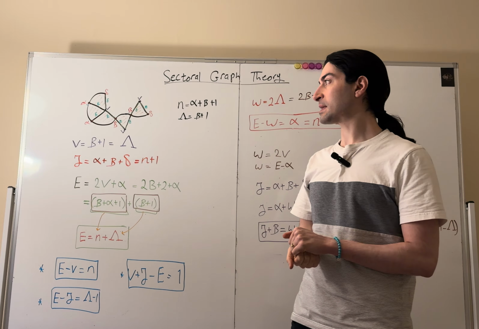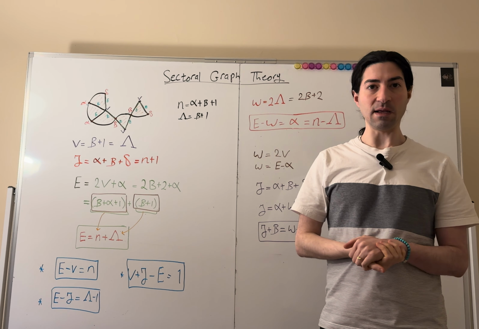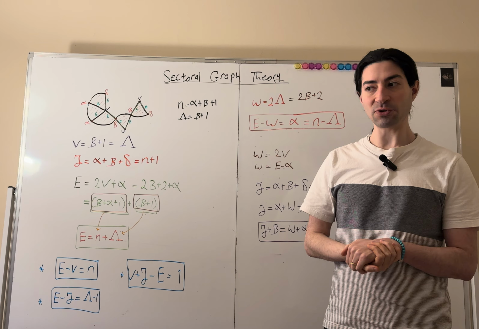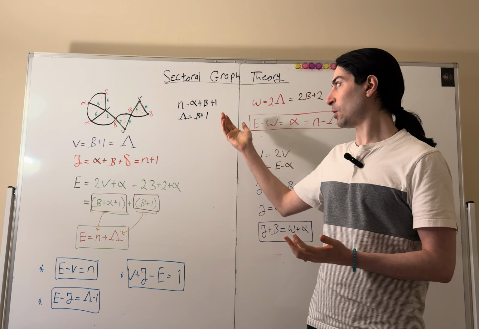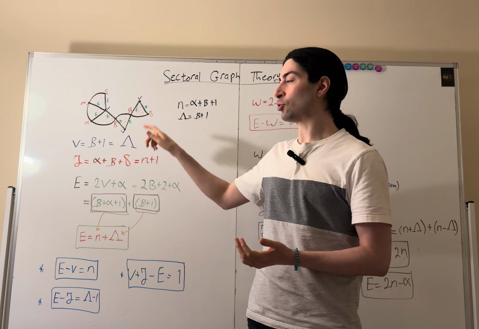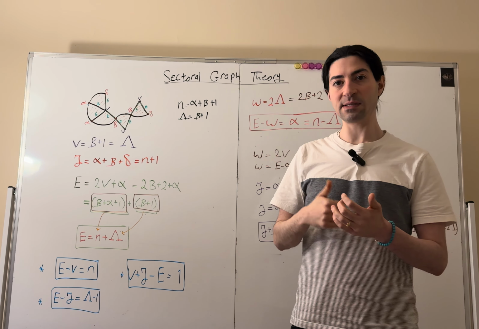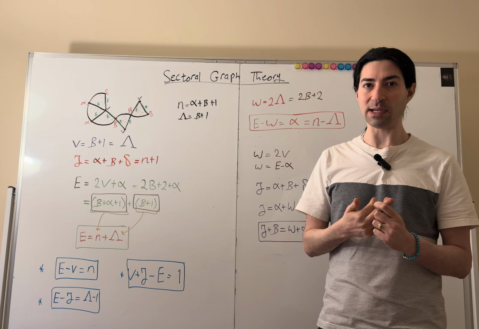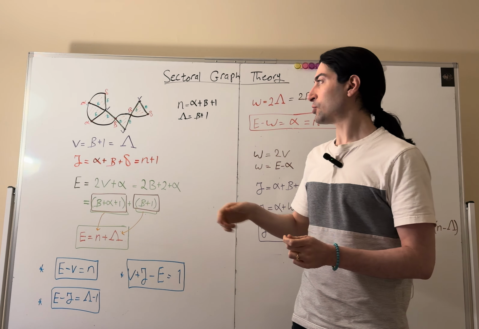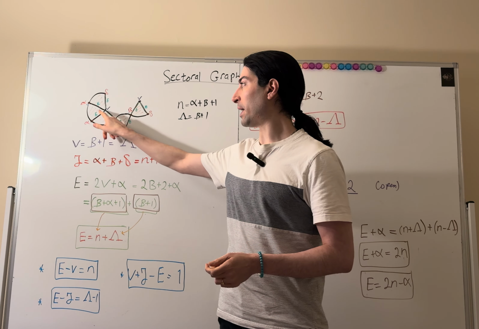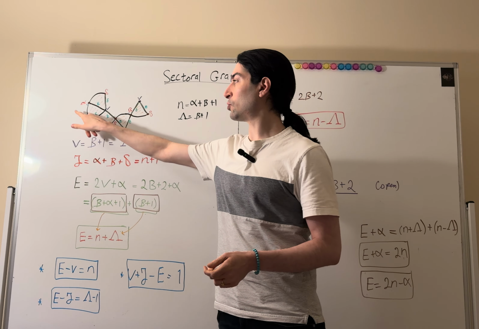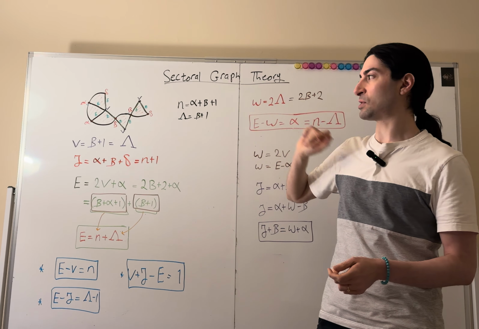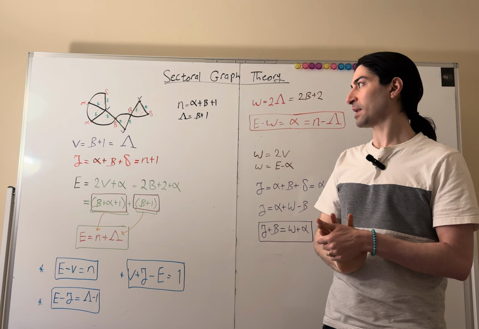We've seen previously that n, or the degree of the sectoral structure, is also equal to the total number of alpha joints and beta joints plus 1. So here n is equal to 5, and we've got 2 beta joints, 2 alpha joints, that's 4 plus 1 gives us 5.